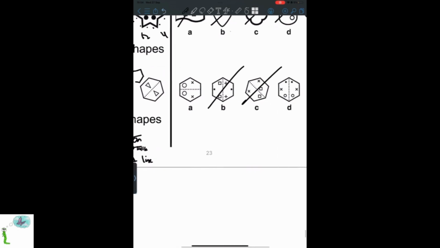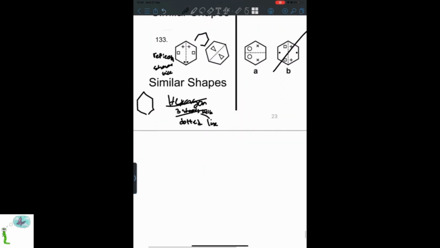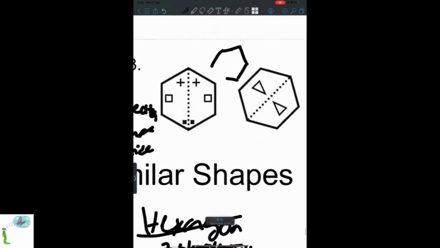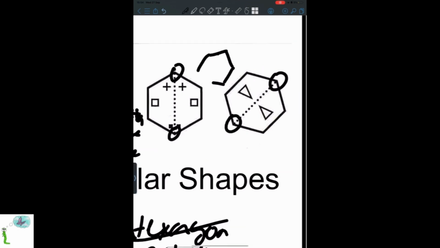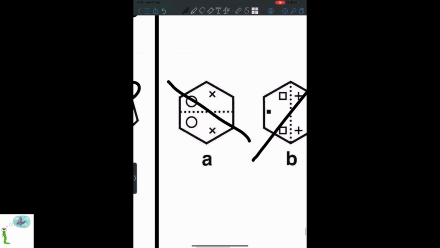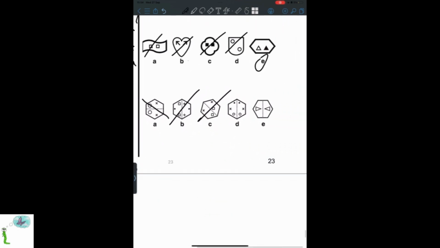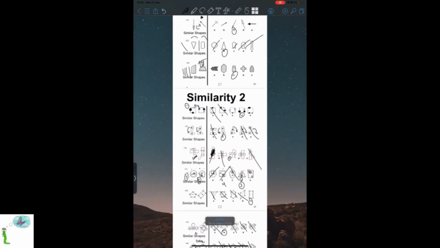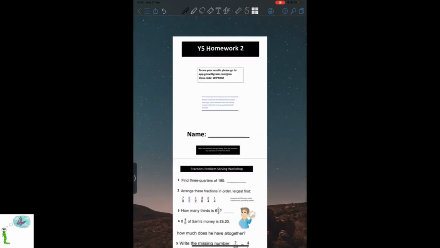We've looked for the 3 shapes inside. We've crossed some out. We found nothing. The last thing to look at is the dotted line. If we look for a similarity in the dotted line, it seems like they're both going from the corners to the corners. So we can cross this out, and we can cross this out, so it's going to be D, and that's your final answer.